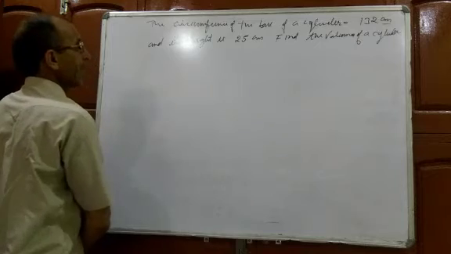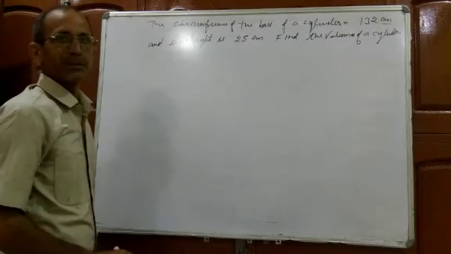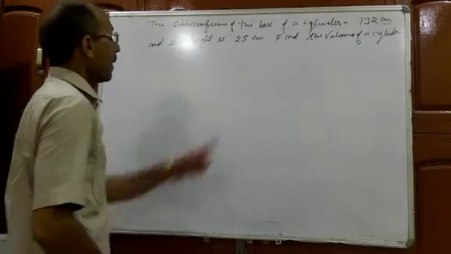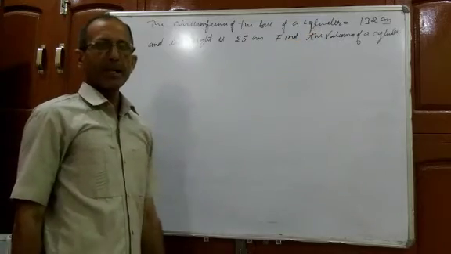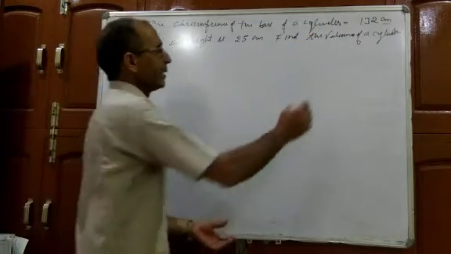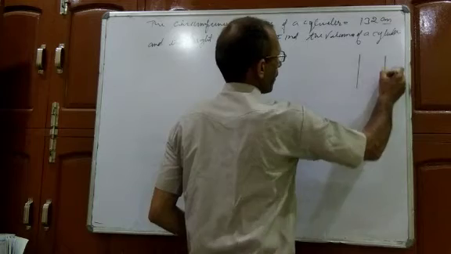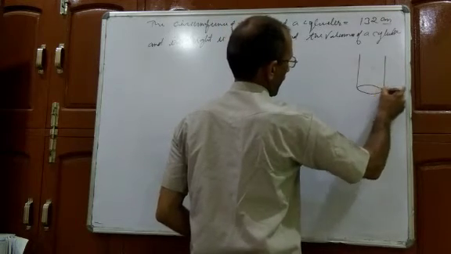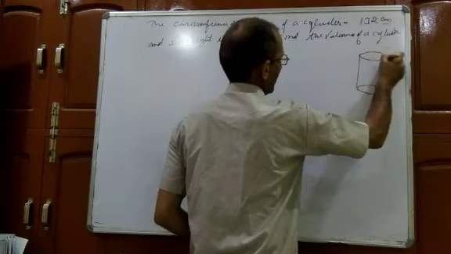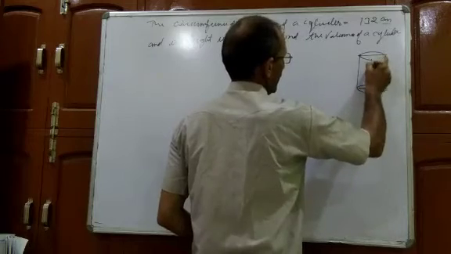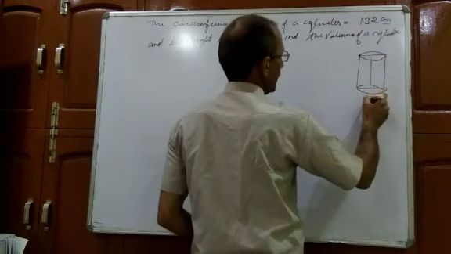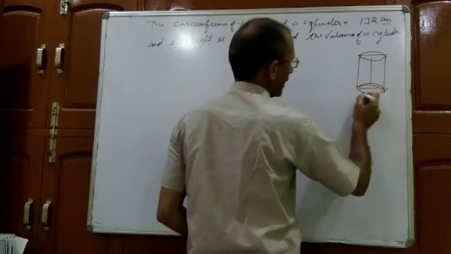Now the circumference of the base is given. So what is the formula for finding the circumference? 2 pi r. So this is the cylinder. The base is a circle.